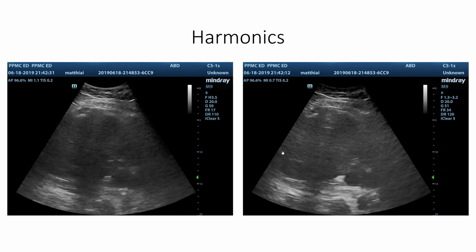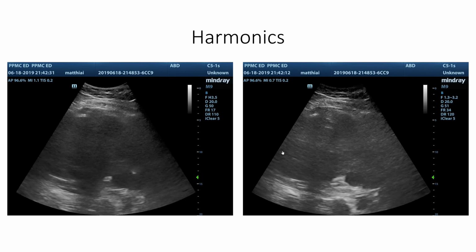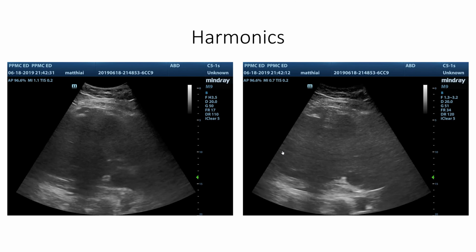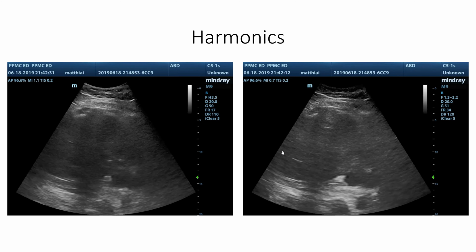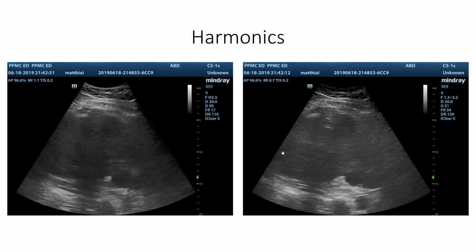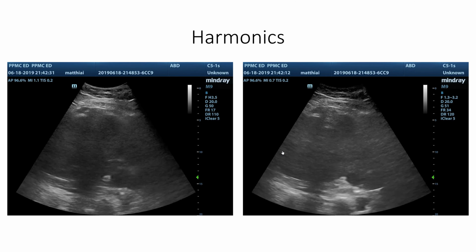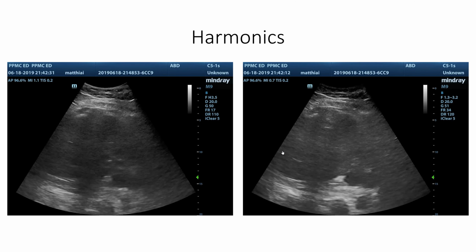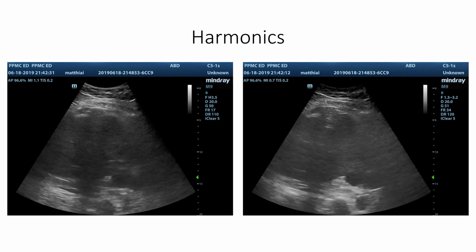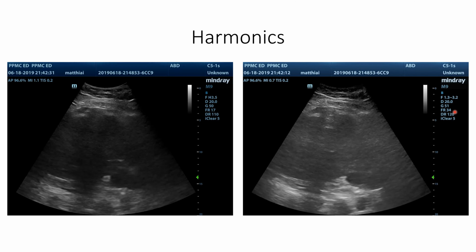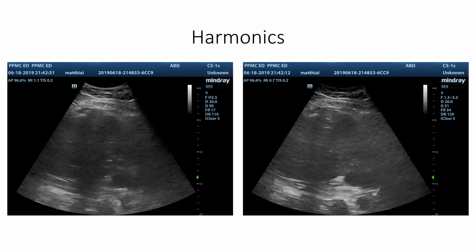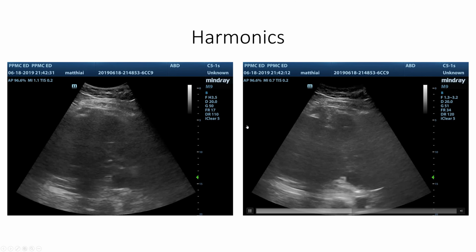And cardiac echo is done almost exclusively with the harmonics on, so they don't even bother to turn the harmonics off. They may have done some other things to jack the frame rate up that we're not going to go into right now, but it's more of a curiosity that the frame rate is going to be double when you turn the harmonics off.